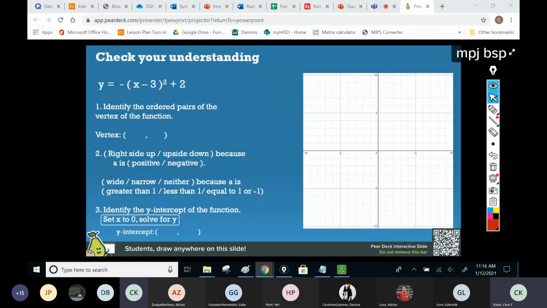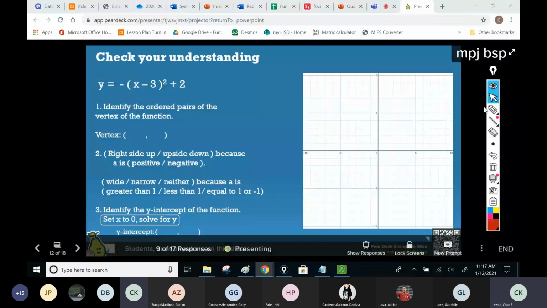That's good enough. I know it's really hard to graph on the touch screen. All right, let me go over this.